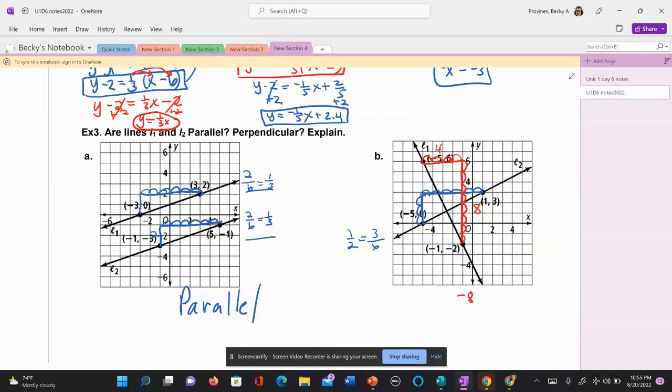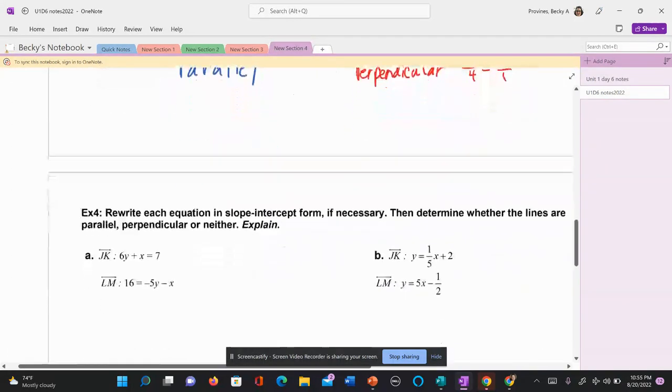Now this is a negative graph, so this is negative 8 over 4, which is negative 2 over 1. Well, 1 is a positive half. You flip it and you get 2 over 1, and it's negative, so this is perpendicular. All right.